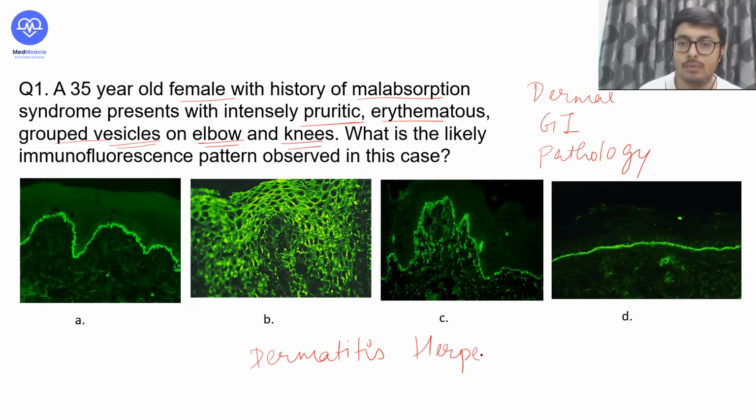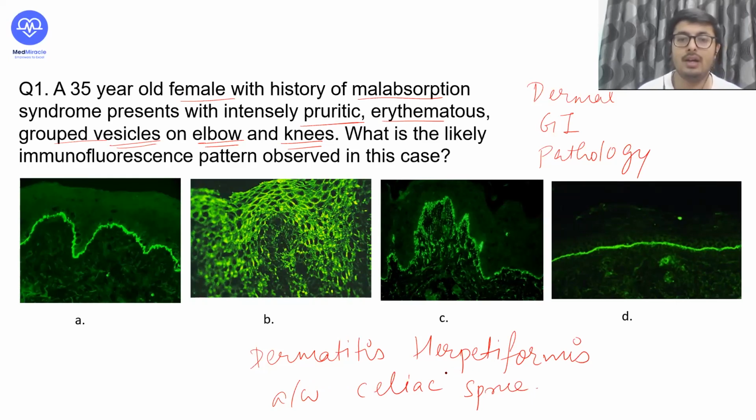Dermatitis herpetiformis is the diagnosis in this case, and this condition is classically associated with celiac disease. Celiac disease or the celiac sprue, which is a malabsorption syndrome, right? It typically affects middle-aged females, and here basically there is gluten sensitivity, right?